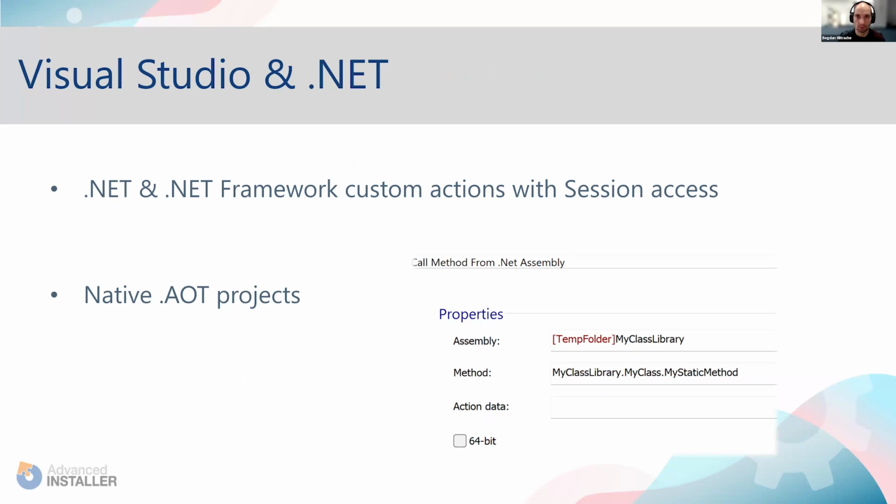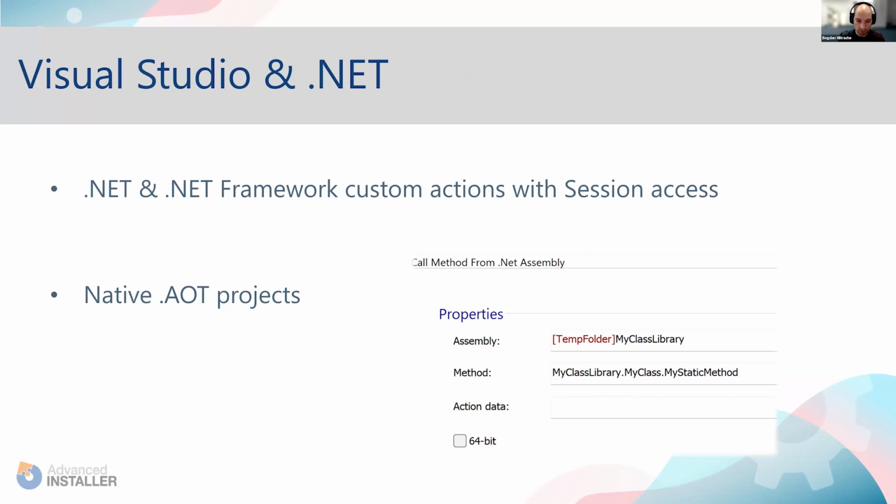Just email us at support@advancedinstaller.com and tell us how that works for you. Our support team is in the same building, actually on the same floor with our development team, and they are constantly exchanging information about how to make Advanced Installer better.